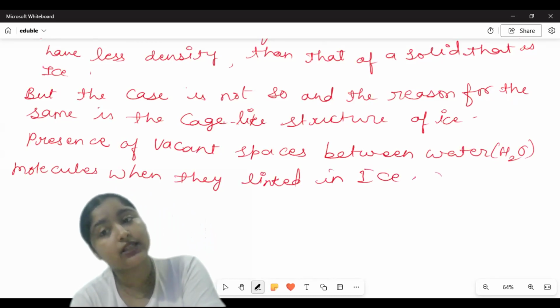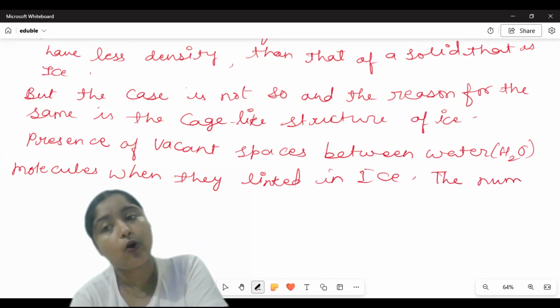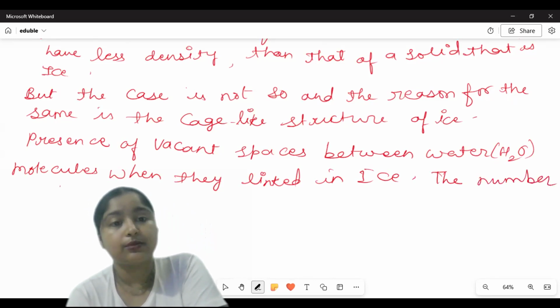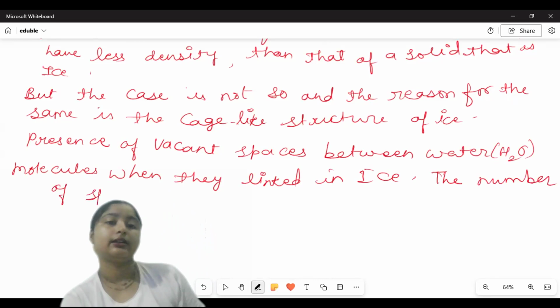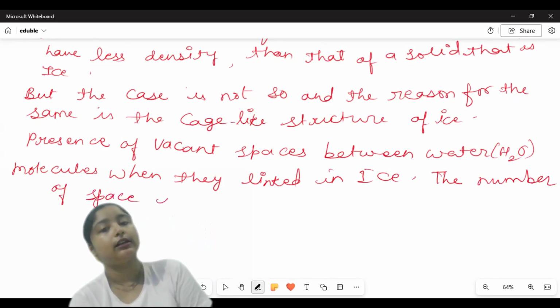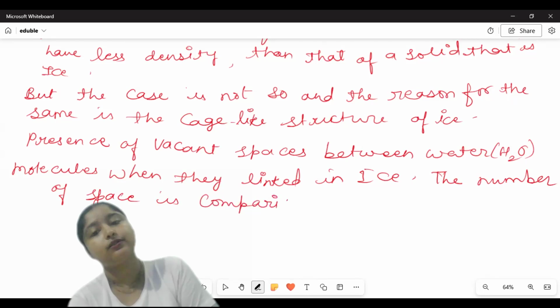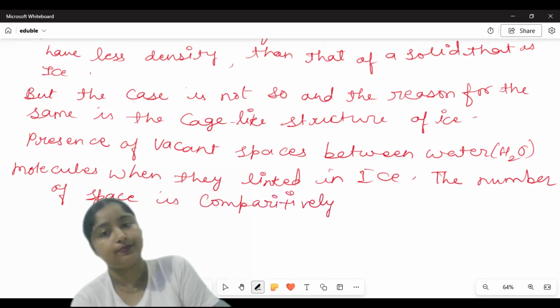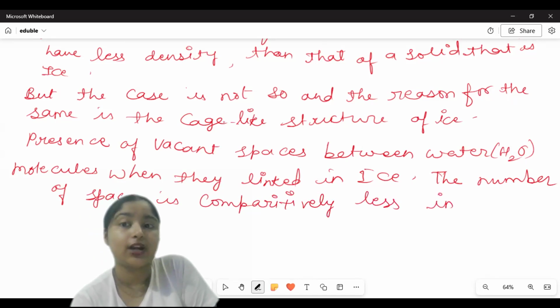The number of spaces is comparatively less in water. Let me show you something with the help of a diagram.